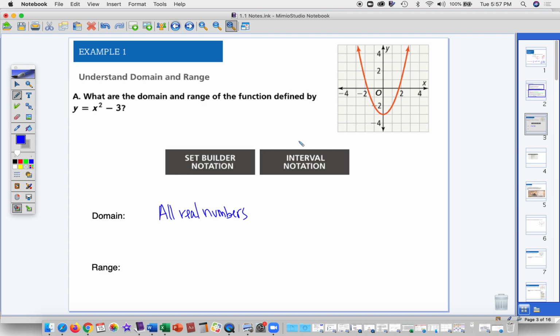Now, this is the important new type of notation. We're going to use this a lot: interval notation. All real numbers in interval notation looks like this: negative infinity to positive infinity.